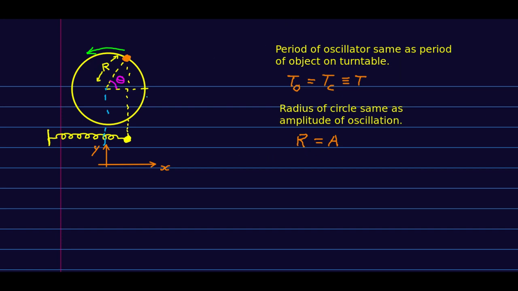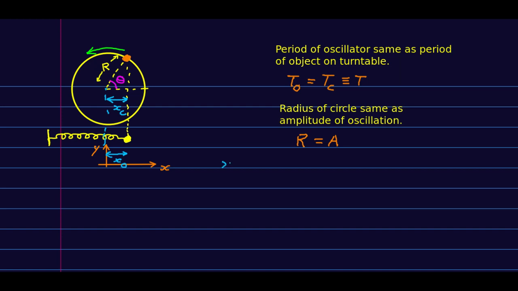And now notice that this distance here, that is the x position of the thing going in the circle. But it's also the same distance as the x position of the oscillator.